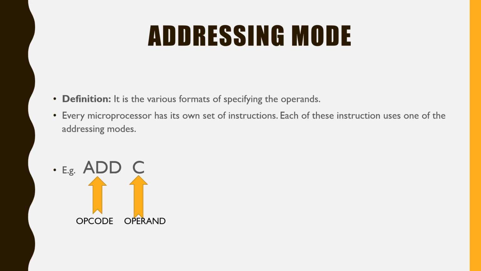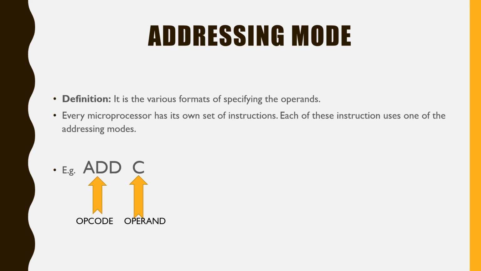So in an instruction, whenever the operation is performed on any register data, that is called an operand. Here in this instruction ADD C, C is the operand and ADD is the opcode.